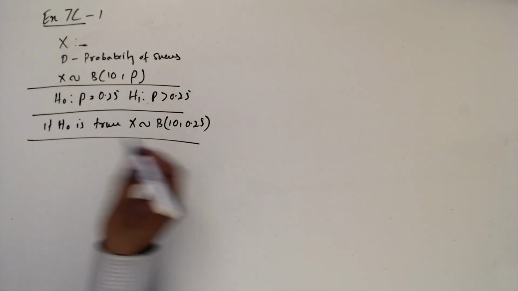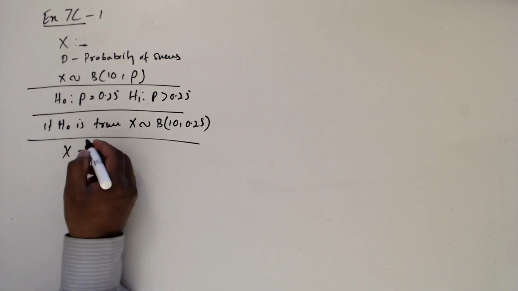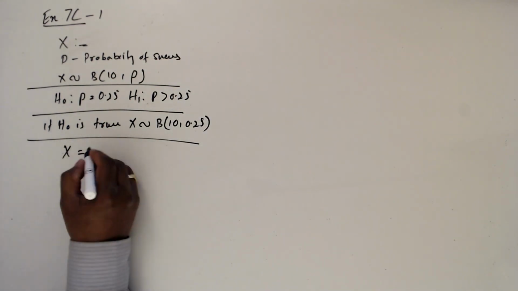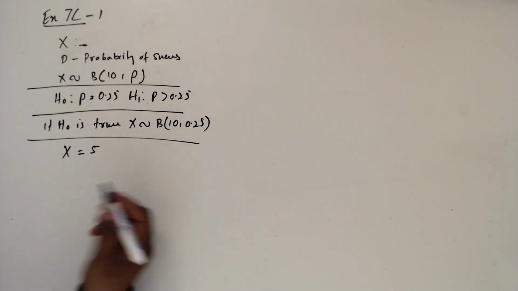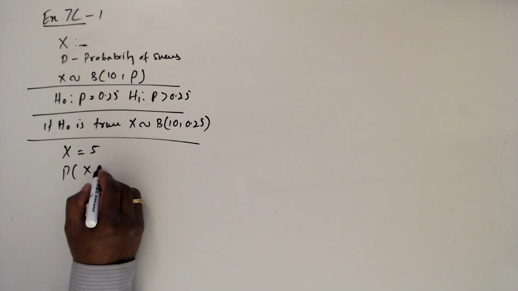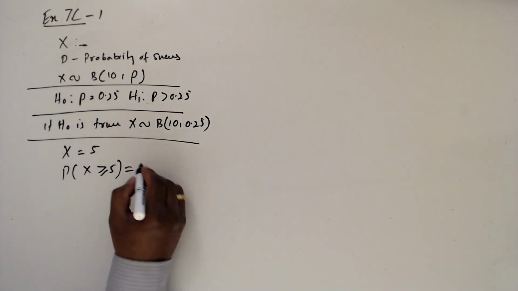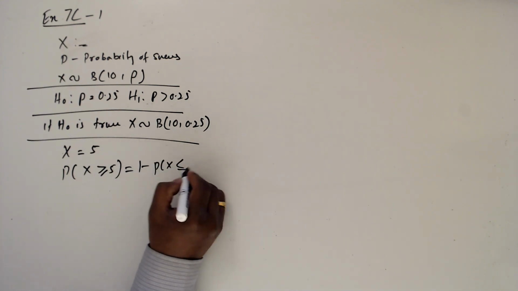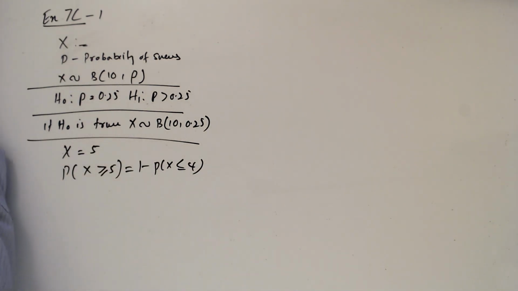Now the calculation. We observe the value of X is 5. So the probability of X greater than or equal to 5 means 1 minus the probability of X less than or equal to 4.